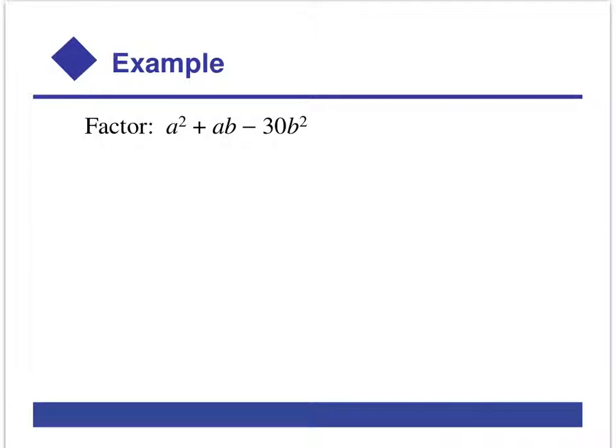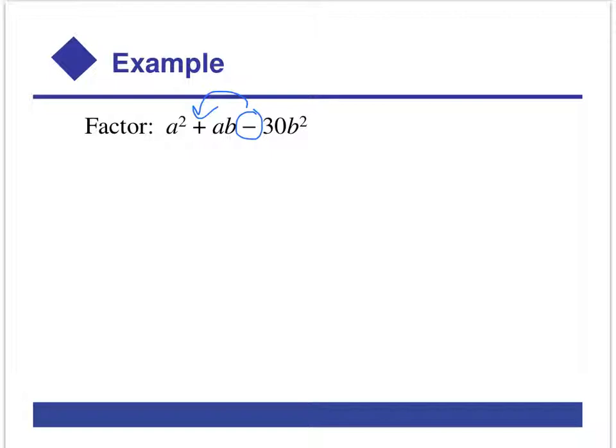Okay, this one factors a little bit different, but not quite a whole lot. We're just going to look at the factors of the 30b squared. Now remember, if it's b squared, the b's are going to wind up in two different things. So we're going to look here, this is negative, and this is positive. So factors of negative 30 when added together are going to give us a positive 1.